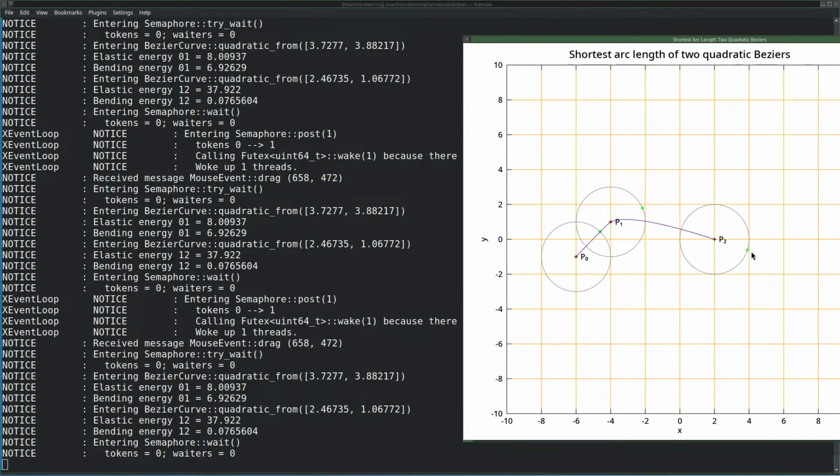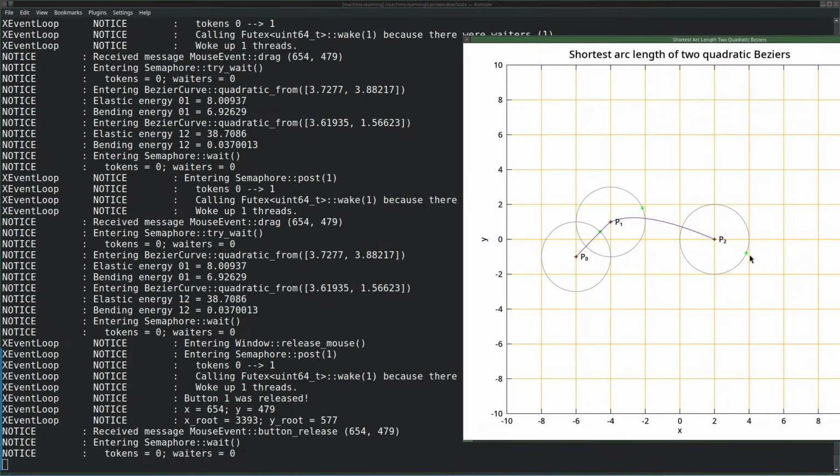Factor 1000. 0.038 then. Yeah. Ish, dude. Well, whatever. So there's now 38 elastic and 0.038. Well, you get the point.